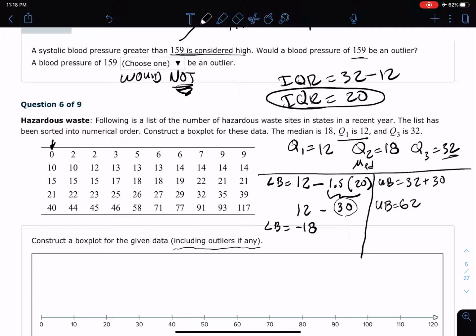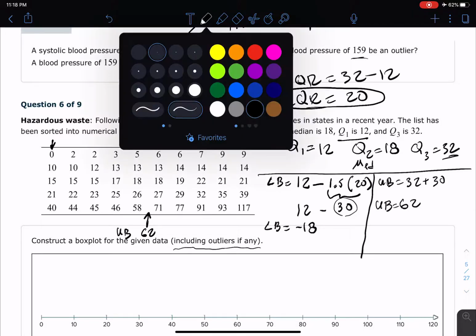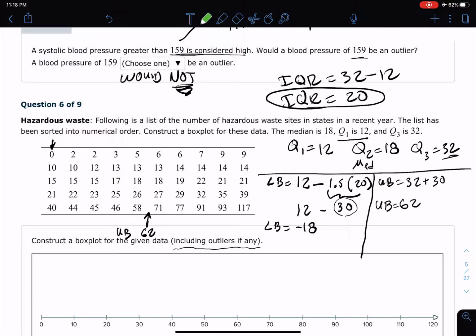Okay, so now, are there any values above 62? I see 58 and then 71, so 62 is right there, which is our upper bound. So that means we definitely have some outliers that must be crossed out because they're out of our range. So that's what we have to show in our graph.